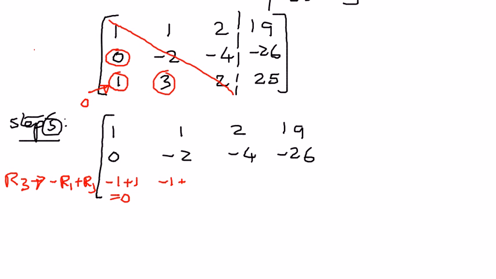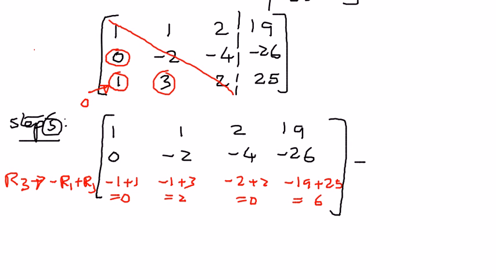Negative 1 plus 3, which is equal to positive 2. Then negative 2 plus 2, that is equal to 0. Then negative 19 plus 25, that is equal to 6. So this is what we have achieved.